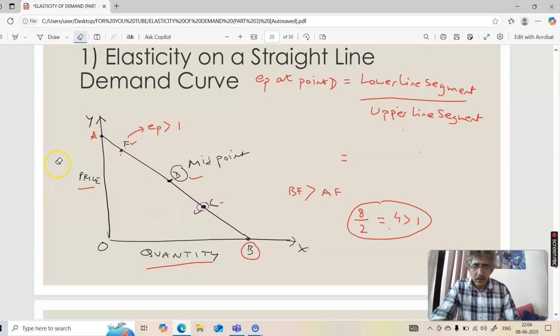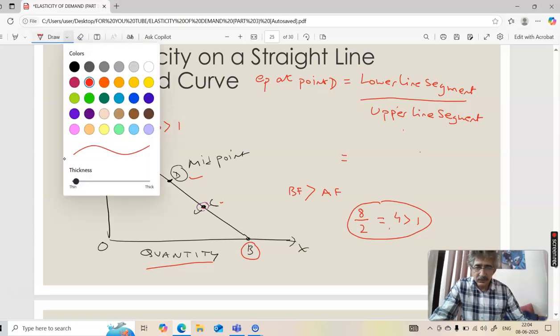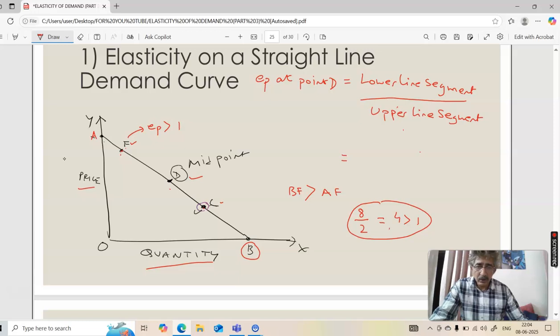Okay. Now from point D, children, the lower line segment is from D to B. That is, I can write it as BD upon upper line segment. Now upper line segment obviously is from A to D, that is AD.